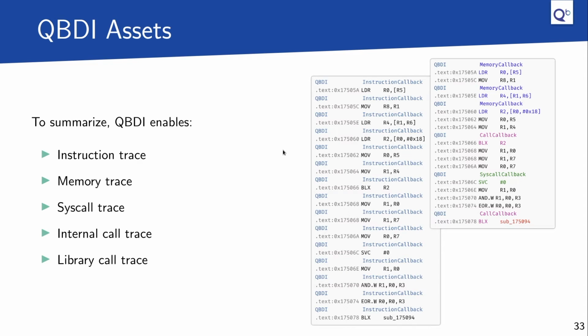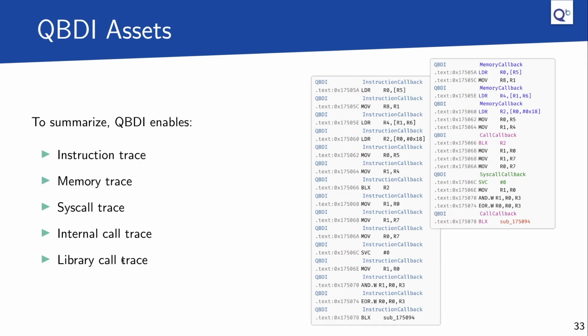So to summarize, QBDI provides some primitives to instrument code. Among these primitives, you can generate an instruction trace, which is useful when you need information about all the instructions, but you can also have a memory trace if you are only interested in memory accesses, or a syscall trace, or an internal call trace, or an external library call trace.